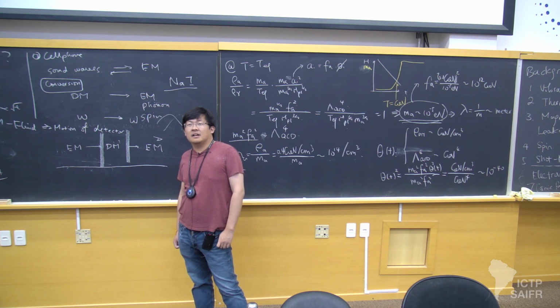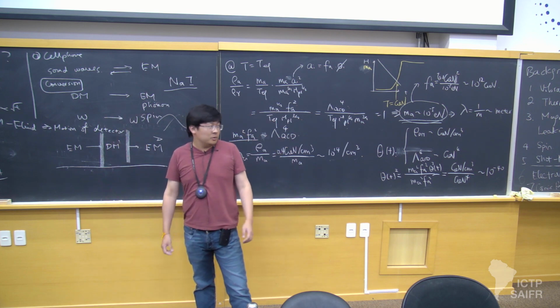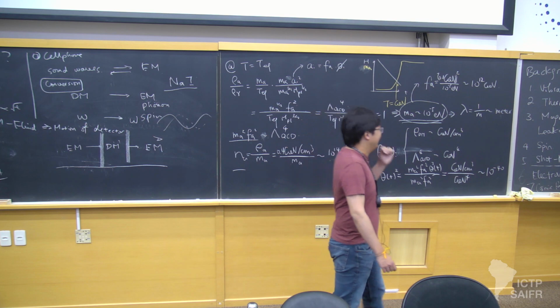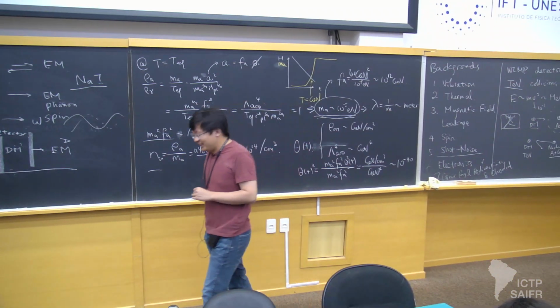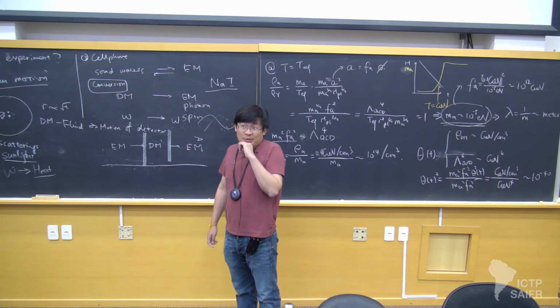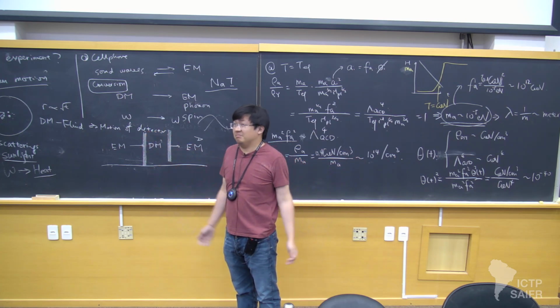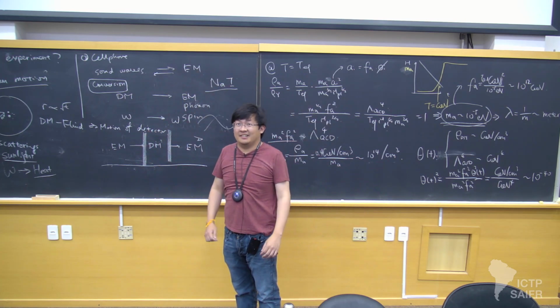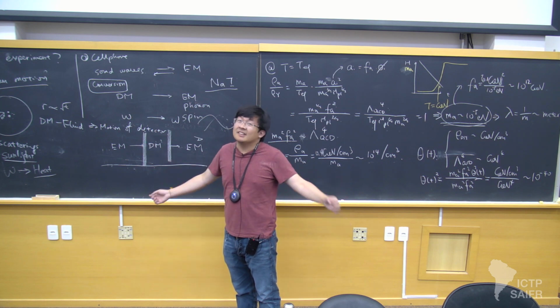How big or small can these experiments be, and how expensive and difficult to build? What's the size? Well, the xenon detector is a few tons, so it's like a room, or maybe even bigger.